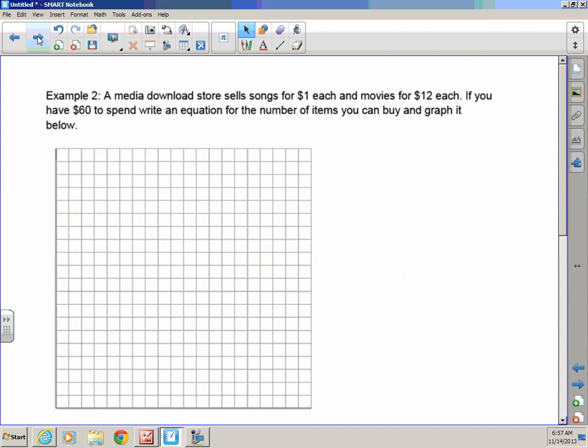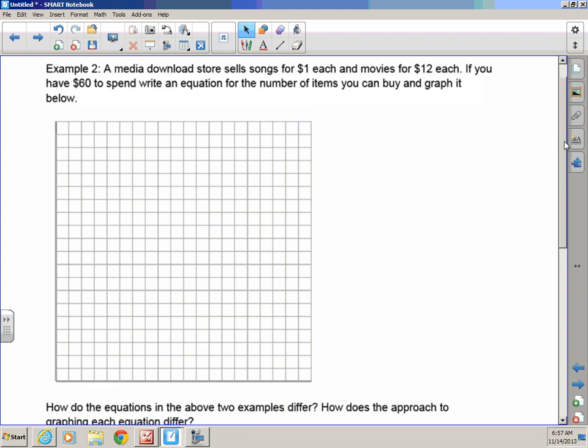Now let's go to the next section. A media download store sells songs for $1 each and movies for $12 each. You have $60 to spend. Write an equation for the number of items you can buy and graph it below. Again, let's start by identifying what our variables are, because that is always helpful.